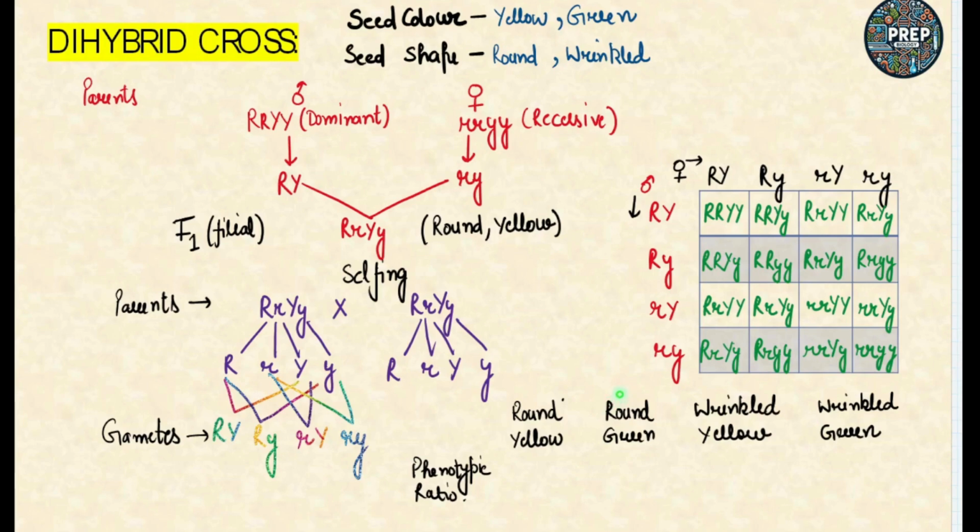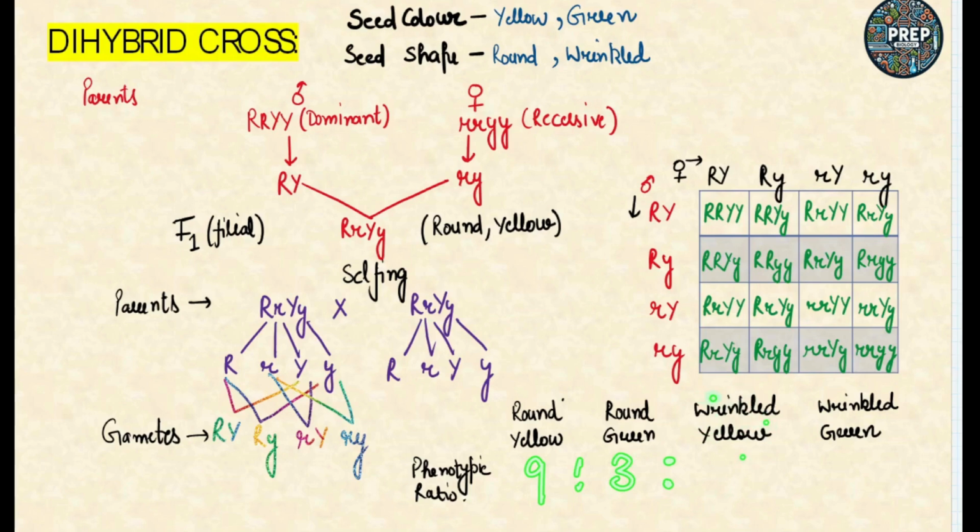Now we have round and green. We require capital R and small y. Capital R small y 1, capital R small y 2, capital R small y 3. We have 9:3. Now wrinkled and yellow.